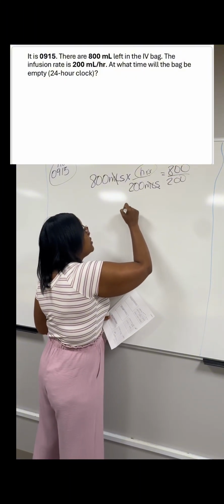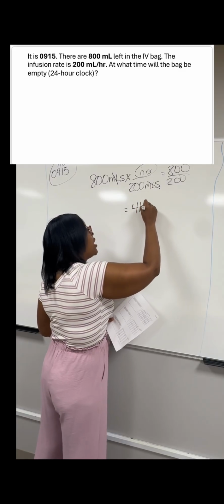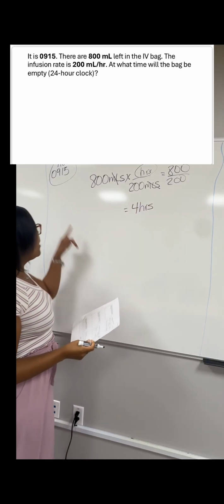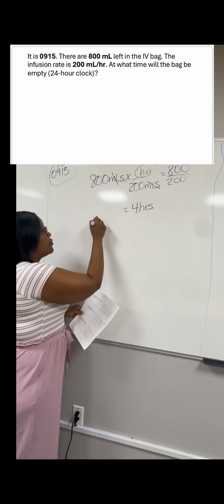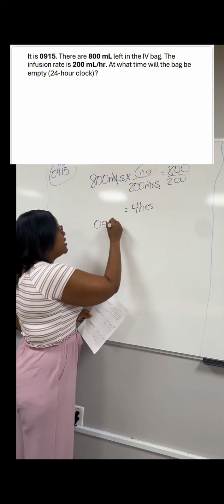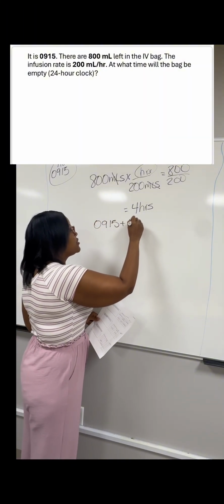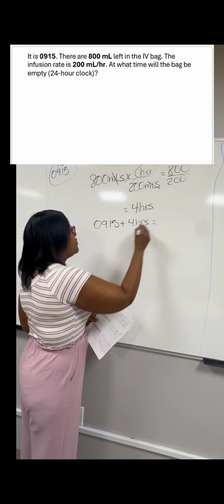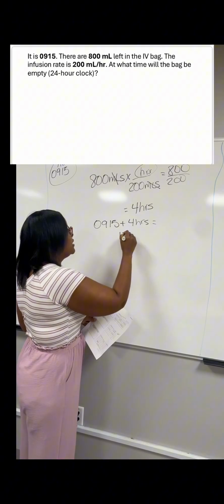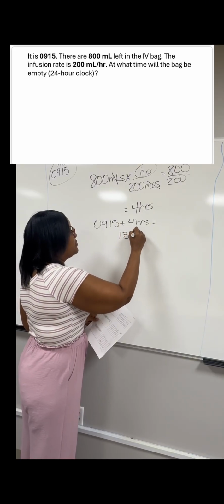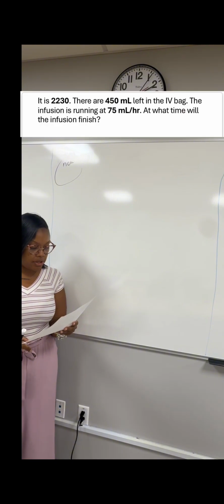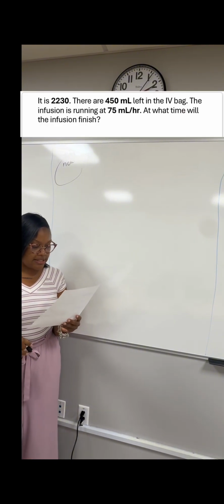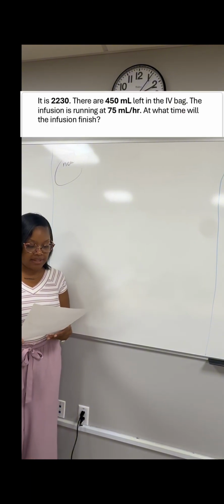All right, so that's going to equal 4 hours. Then we're going to go back to what time it is. So it is 9:15 and we're going to add 4 hours to that, and that will give us 13:15.